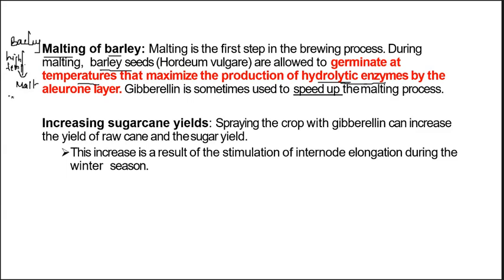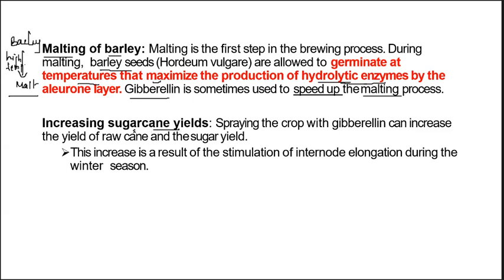Now this high temperature effect can be overcome or sped up by the application of gibberellin. As we have seen, gibberellin also helps in the production of hydrolytic enzymes. Now increasing sugarcane yields.